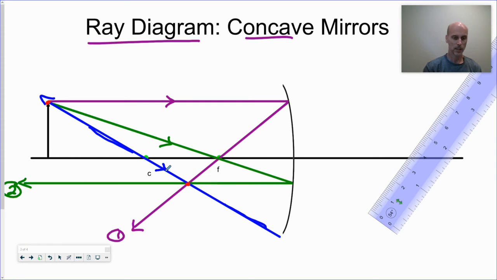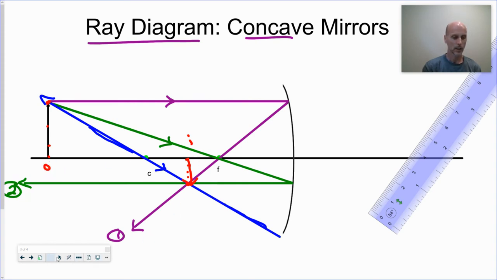If this is the tip of the object that we started with, this is the tip of the image. The rest, we just fill in, knowing that if we did every point along this object, we would find every point along this image would just take us back to the principal axis. So we can now draw a straight line from where this tip of the image is produced, from here to here, that represents our image, I. If this was our object, this is our image.